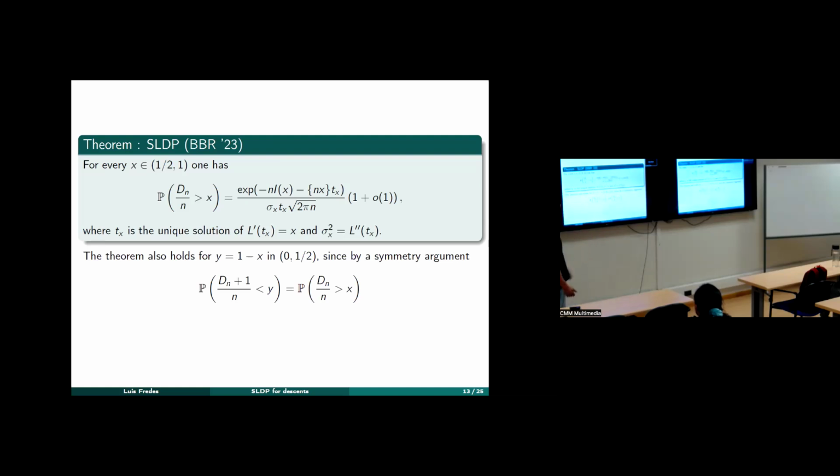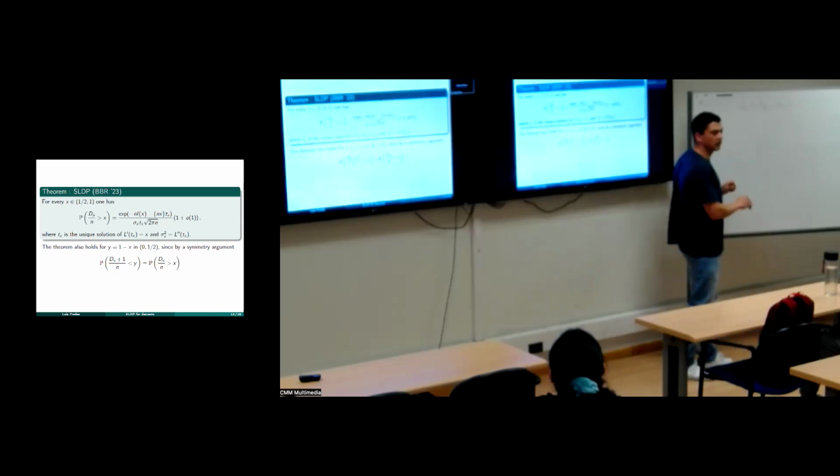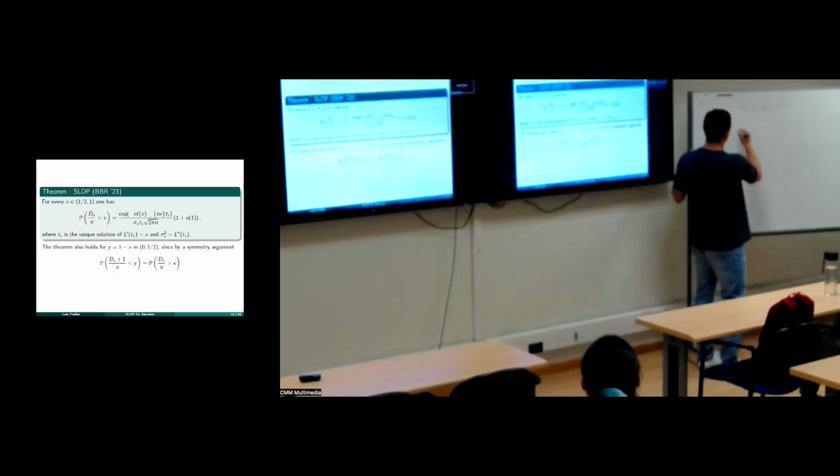but if you want to go below the mean, you can do it with a symmetric argument, because ascents plus descents, obviously it's n-1, that are all the indices that you can explore with it.